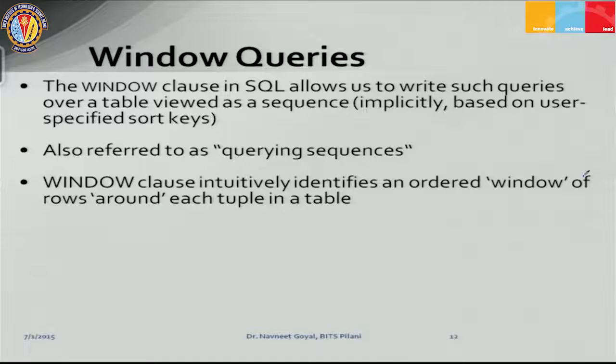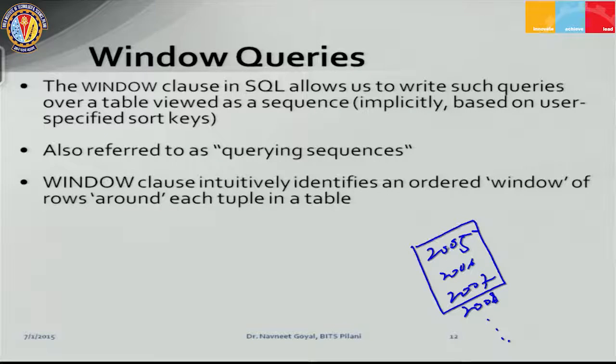So suppose I have rows corresponding to sales in year 2005, 2006, 2007, 2008 and so on. So what I can do is frame a window around, say, 2006 and say that it involves these three. I can frame a window around 2007 and say it is like this.